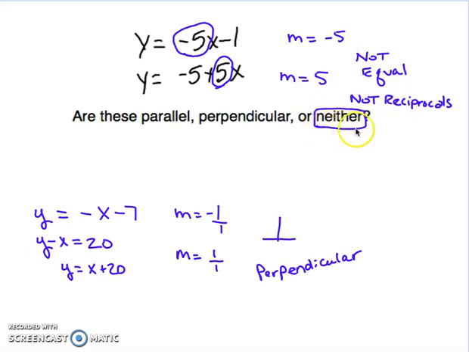So those would not be either. They would not be parallel nor perpendicular, so we would classify those as neither. Here's another scenario. If we had y equals -x minus 7 and y minus x equals 20, those would be perpendicular. So you can copy down this example for future reference as well.